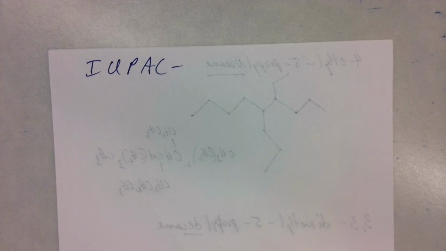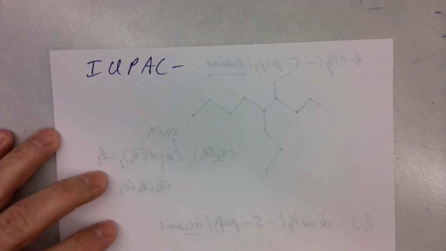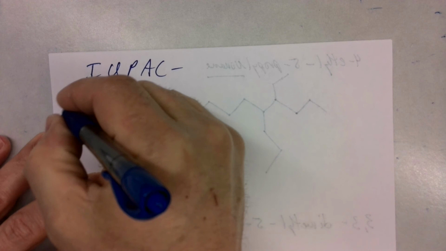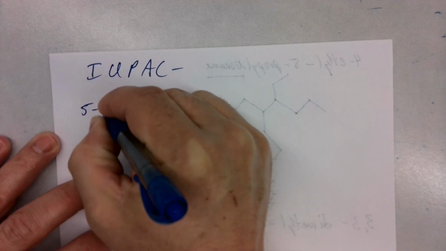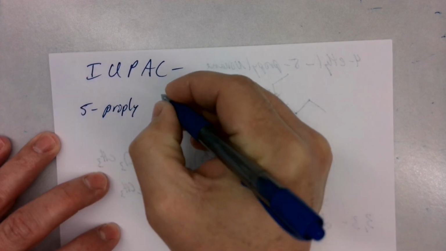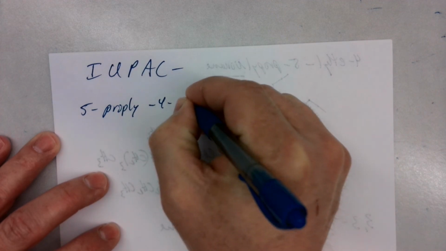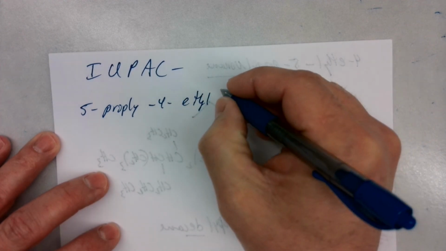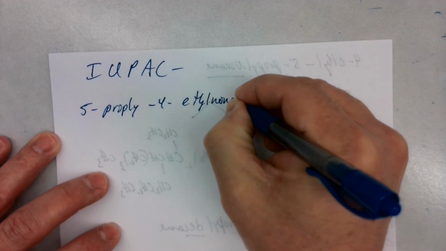So what I realized I would do is draw that name up, and then see if there's a different way to name it that makes it better. Does that make sense? Here's an example I wrote down, but then I used it, so I don't think it's going to work very well. So we went 5-propyl-4-ethyl, no name, right?